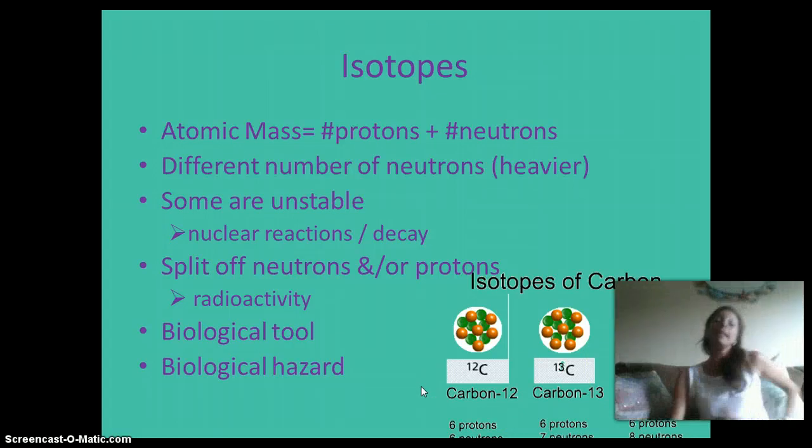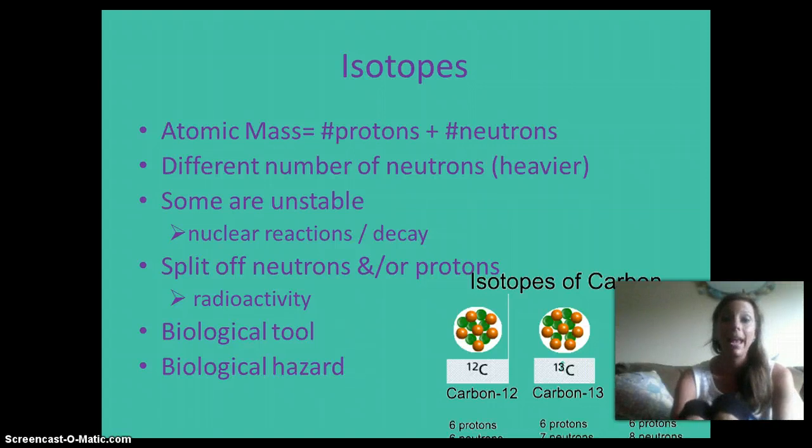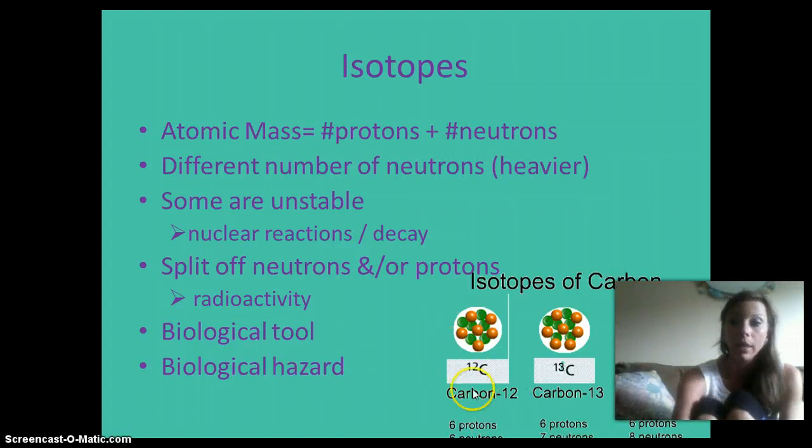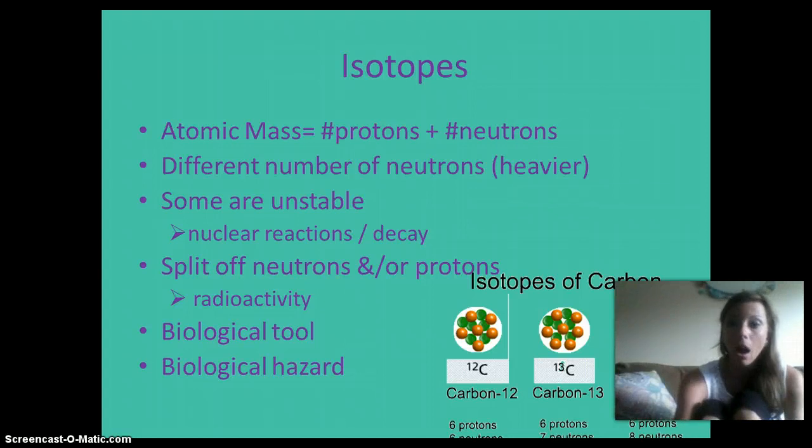And these isotopes can be unstable, and they can cause nuclear reactions or decay. So carbon 13 is what we use to date fossils and artifacts from the past. So they use the half-life or the decay rate of the carbon 13 in order to determine the object's age.